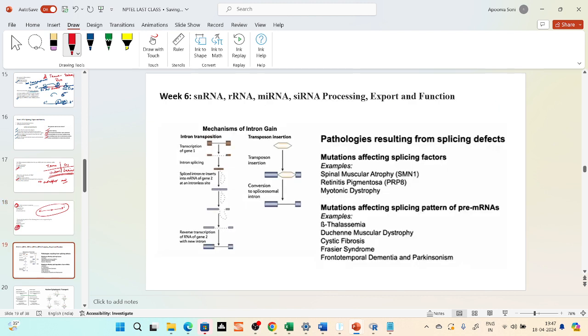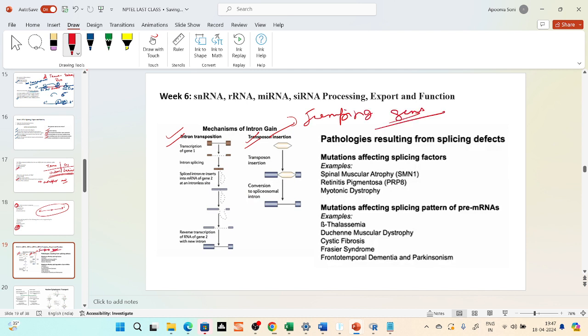Okay. In week 6, we have studied the different kinds of small nuclear RNA such as snRNA, rRNA, miRNA, saRNA, their processing, their export, and their functions. Here you can see we have studied how introns can be gained. It can be gained by transposition of the introns or the insertion of the introns with the help of transposons, which are also known as jumping genes.